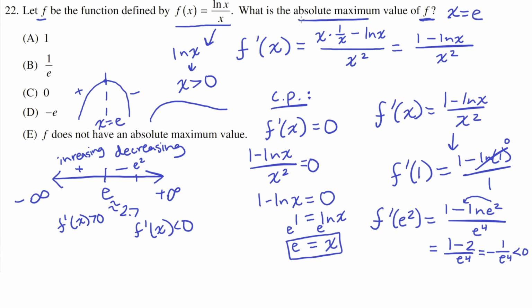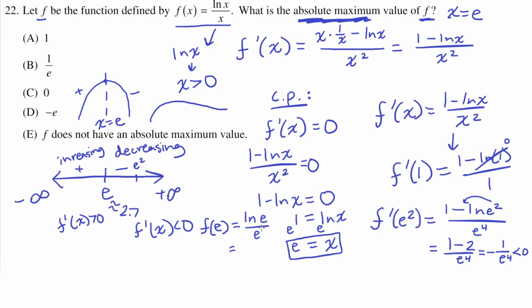But the question asks us to find the absolute maximum, so we need to find the y value at this x value of e. If we plug that in really quickly, f of x where x equals e, we'll have the natural logarithm of e divided by e.